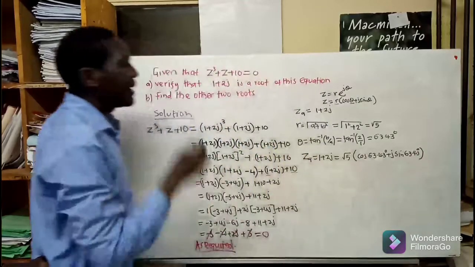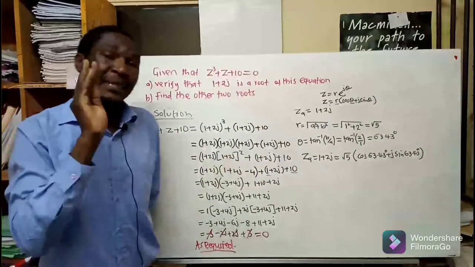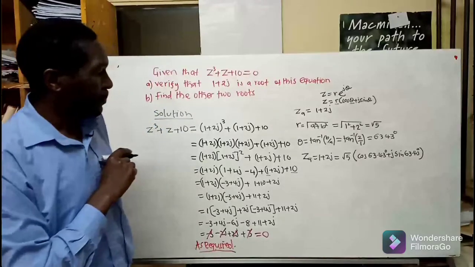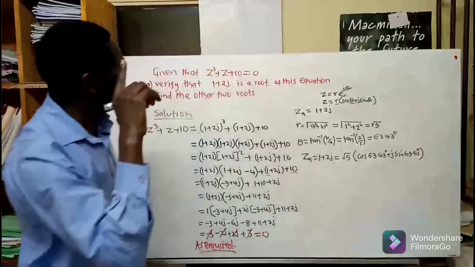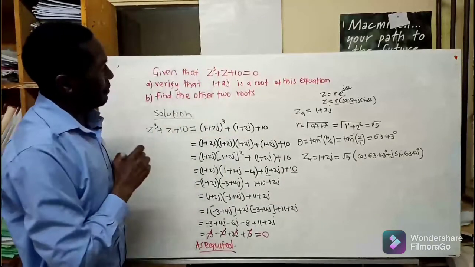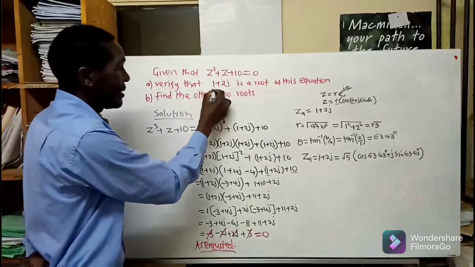We have written the same complex number but in a different form. So this can be called the first root of that equation. Actually, it is this same number here.